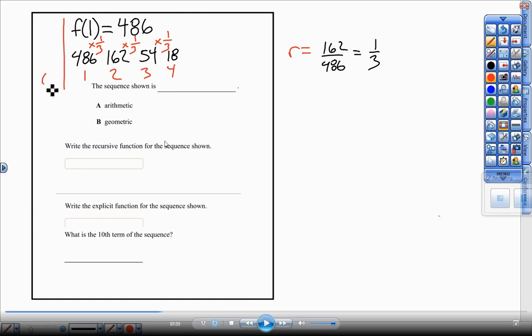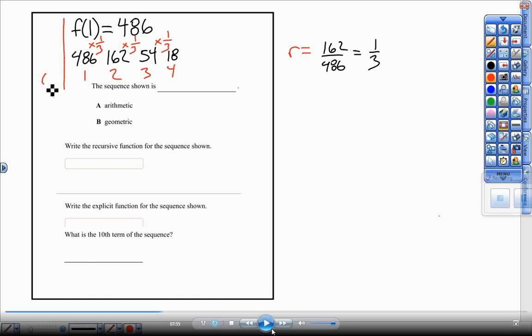Just know, even if this wasn't telling you the first term was 486, we assume if we just give you numbers, that first term is always the first one. So if I tell you the first term is 486, great. First term, second term, third term, go back to the 0. If I didn't tell you this, assume that first number is the first term. Never the 0 term, only if we tell you.